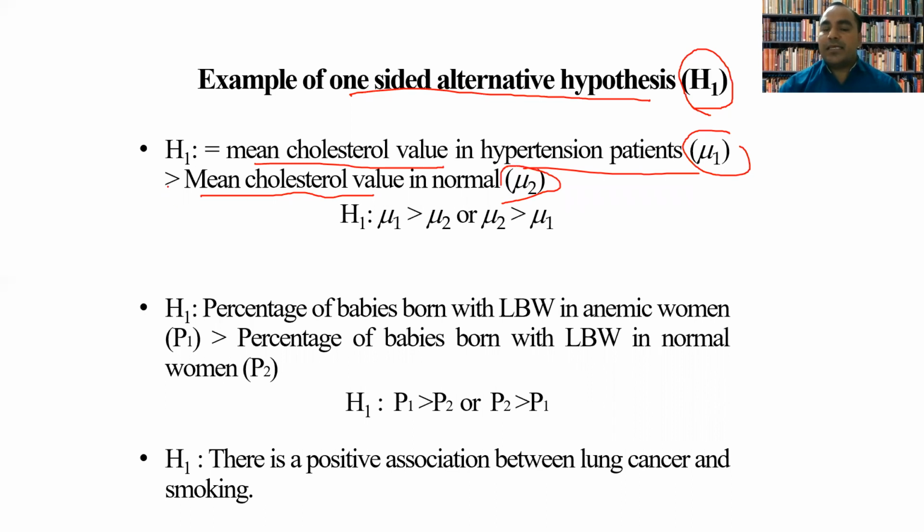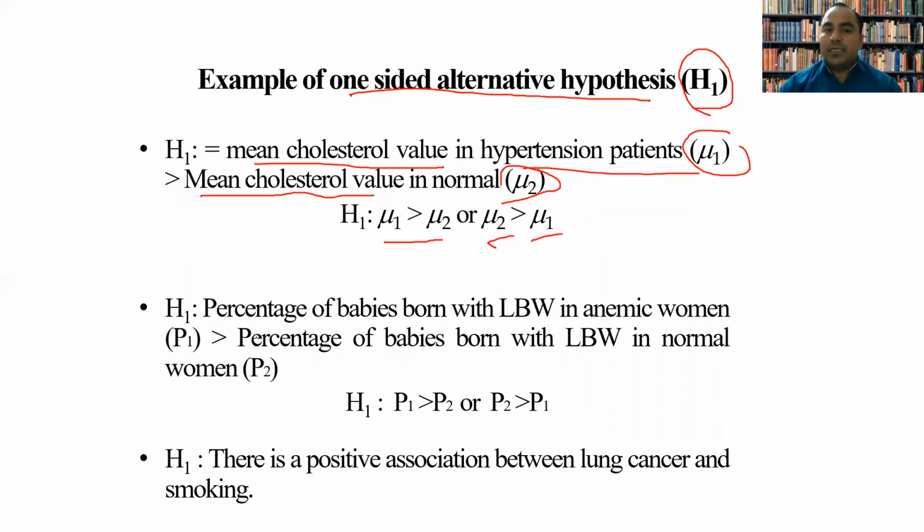So we can say direction is clear. That's why it is known as one-sided alternative hypothesis or one-tailed test. Mu1 greater than mu2. Or it may be, because we are talking hypothetical data, we don't have actual data, it may be mu2 greater than mu1.